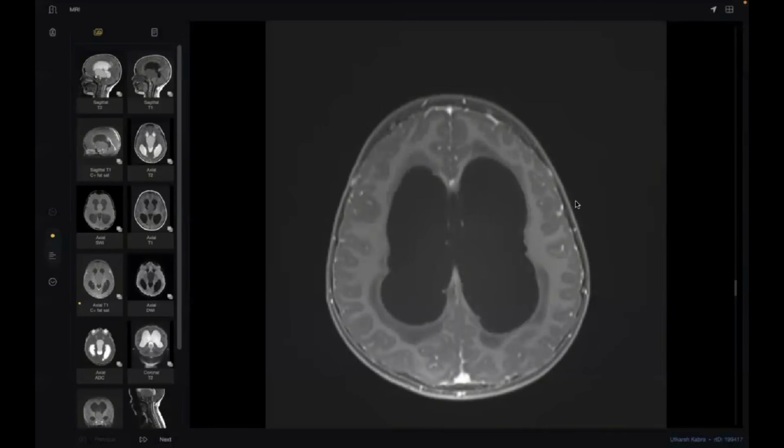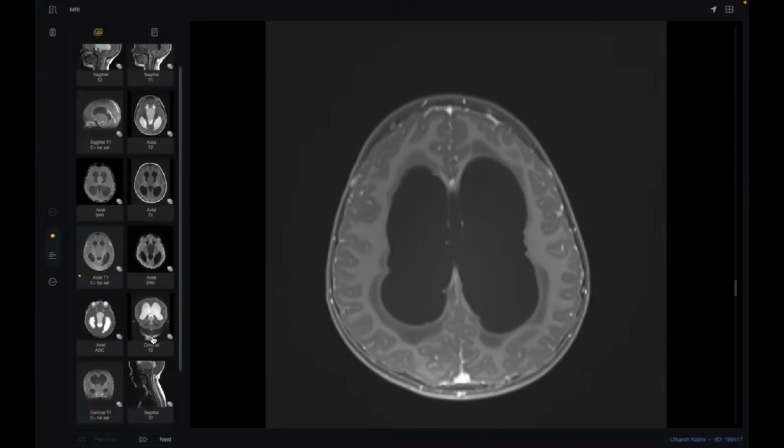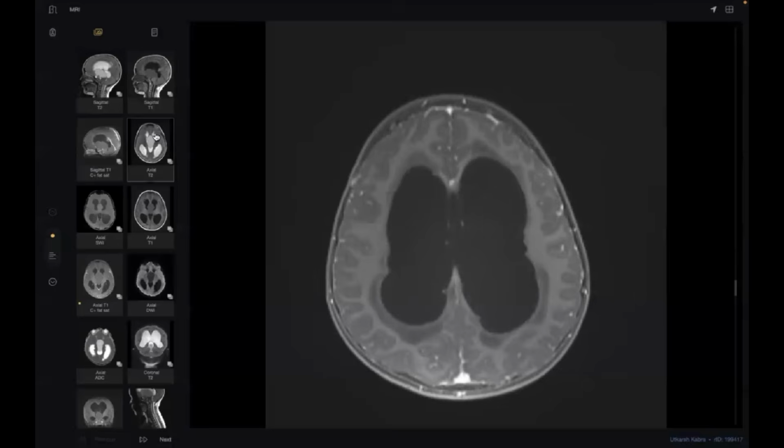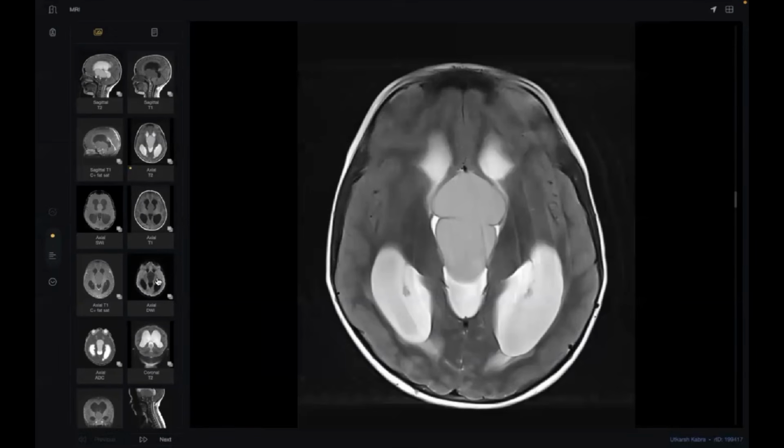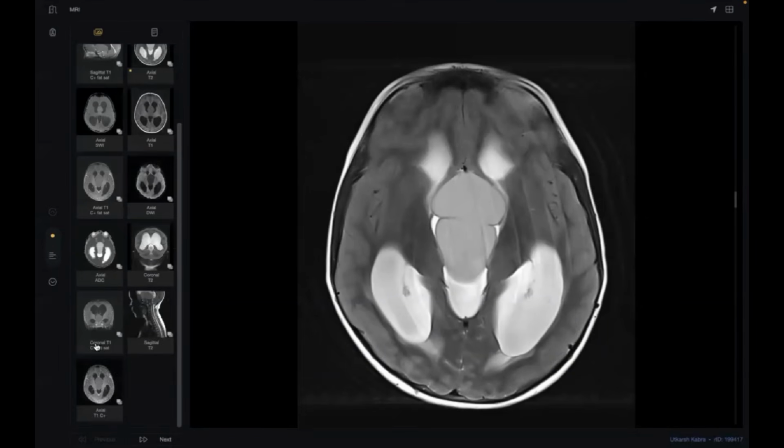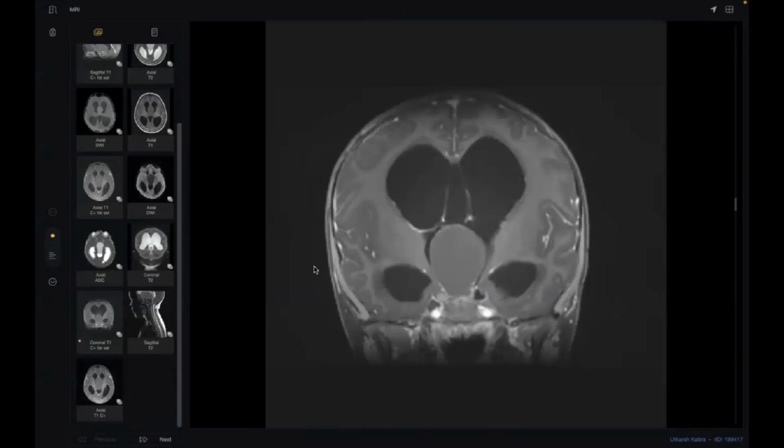I will also check T2 images to look at the optic chiasm. What is your next step?